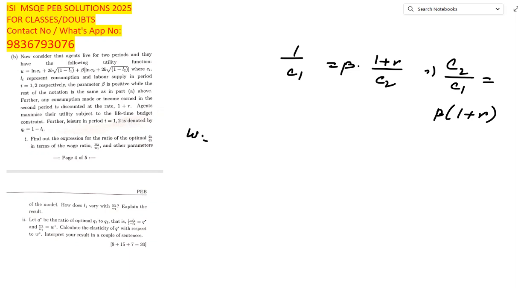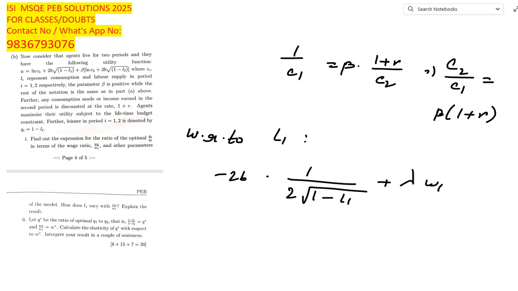With respect to L1, it is minus 2b times 1 by 2 root over 1 minus L1 plus W1, that is 0, or b multiplied by 1 by root over 1 minus L1 is equal to this one.